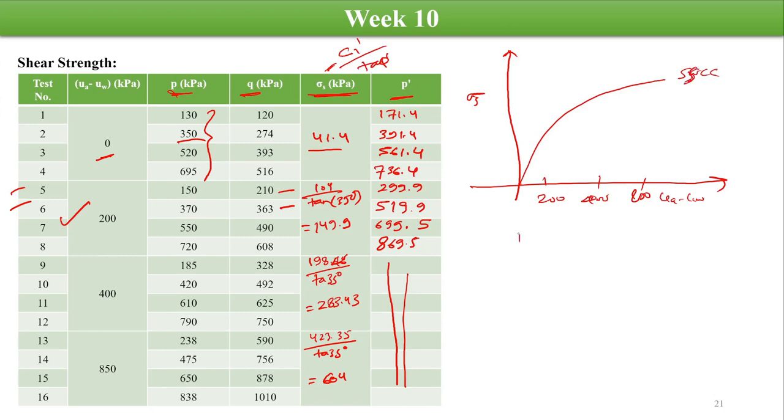Okay. And the q versus p dash plot, as we know, will look like this one, right?